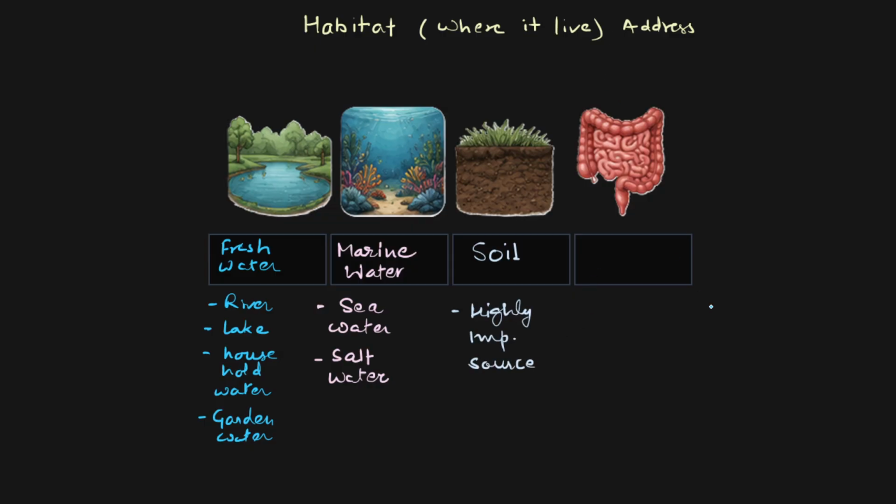Next is humans and animals. I've created that human digestive system, and there in the fecal matter you have a lot of protozoans. They are then going to transfer to soil and then also to water. So this is the source where you will get these protozoans coming out in a huge amount, right?